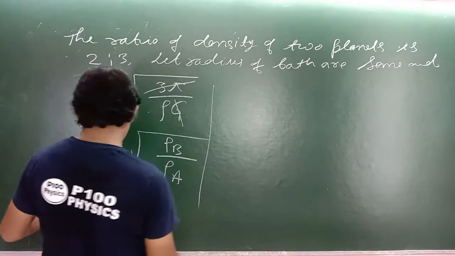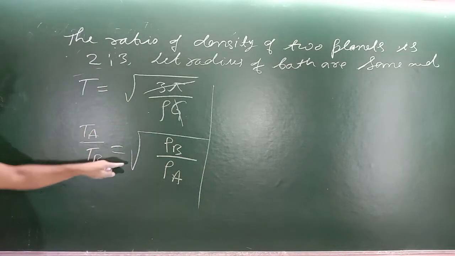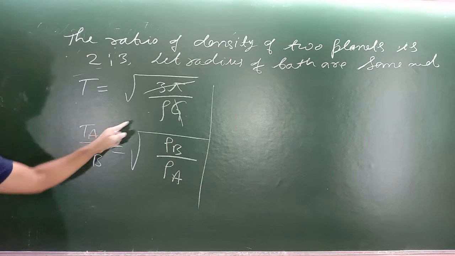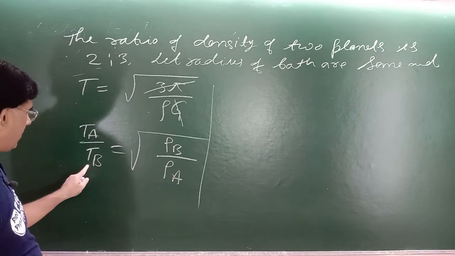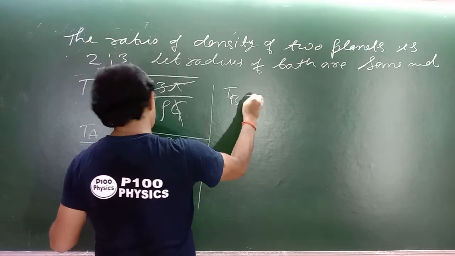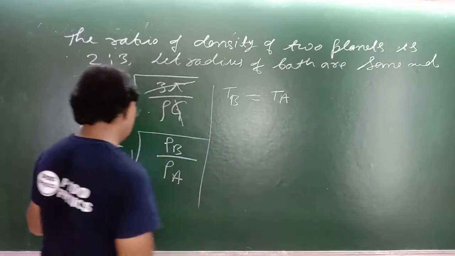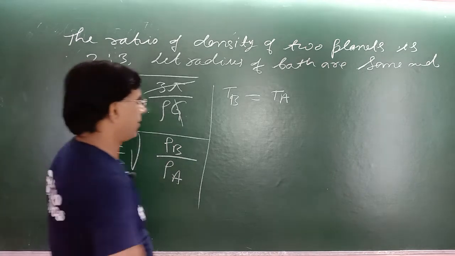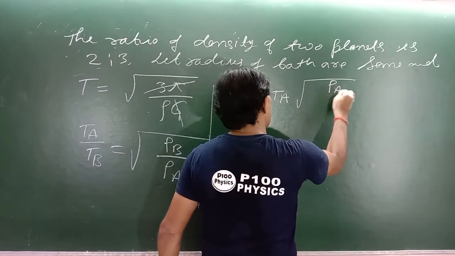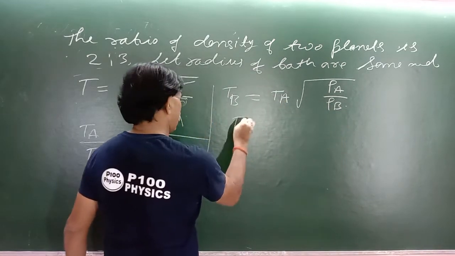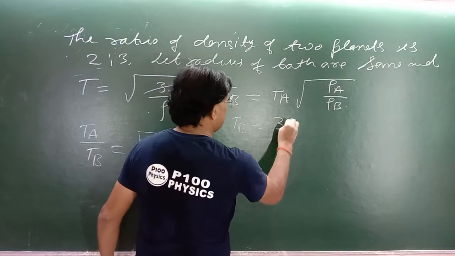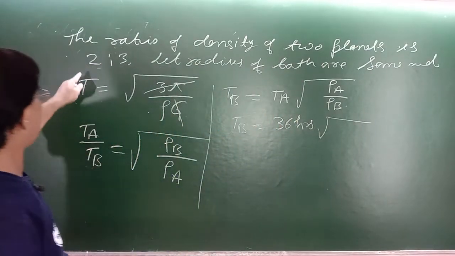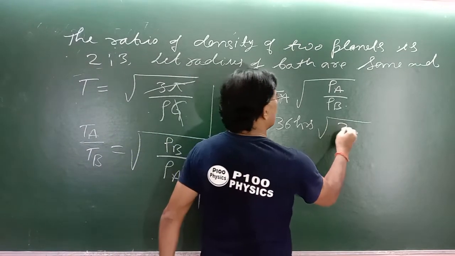Directly you can solve this. You have to determine the value of T_B. T is inversely proportional to ρ, so T_A upon T_B equals ρ_B upon ρ_A. Therefore T_B equals T_A times under root ρ_A upon ρ_B. T_A is 36 hours, given, and ρ_A to ρ_B is 2:3.